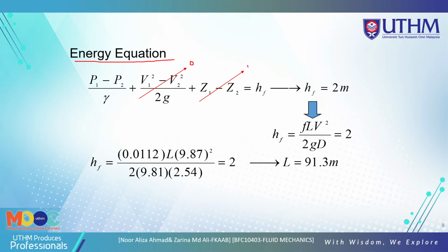So only this value and HF remain, and we know that HF is 2 meter, given here. We know that HF uses this formula, and using the formula you get the value 2. So you solve this formula and then you get the length.